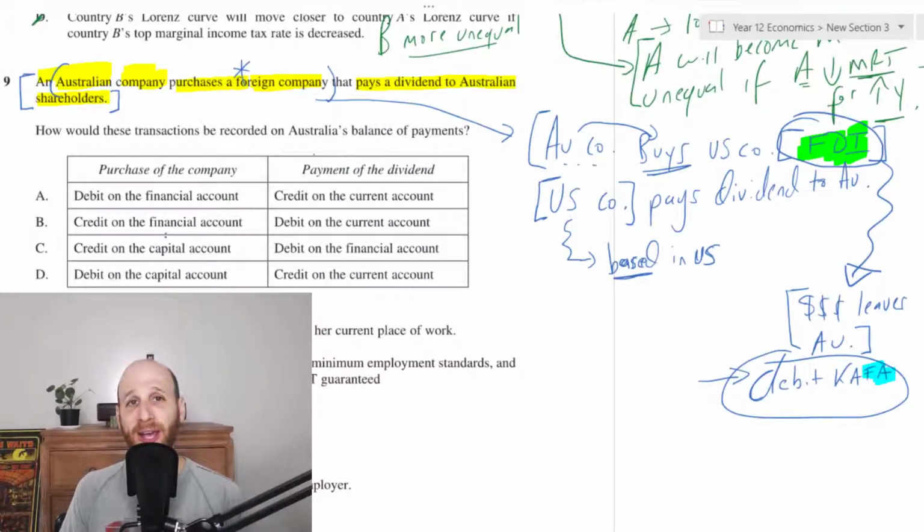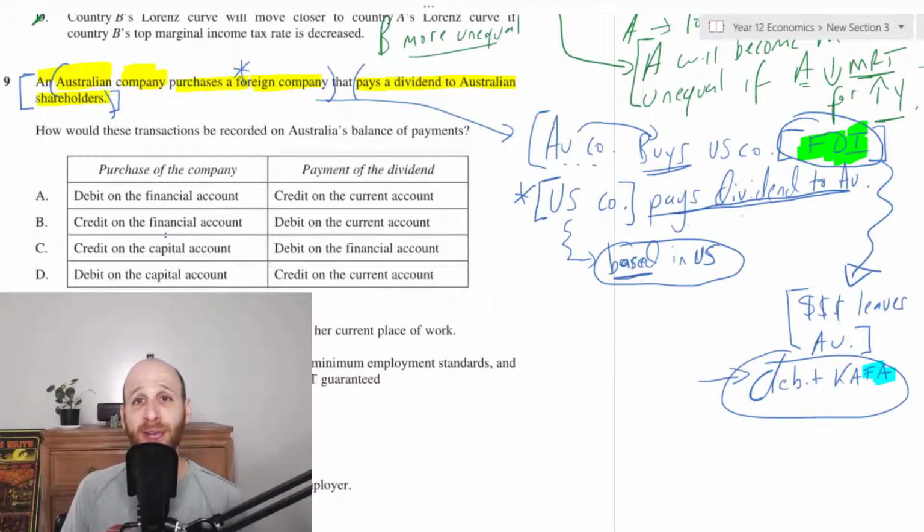The second part of this question then said that this foreign company pays a dividend to Australian shareholders. So this, what I've labeled the US company, actually it's just based in the US. Now it is owned by the Australian company, pays dividend to Australia. Okay, so we can think about that.